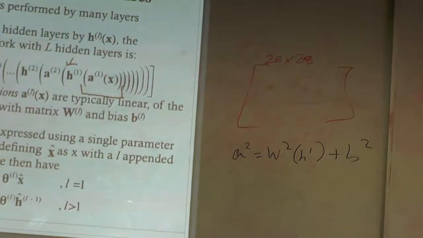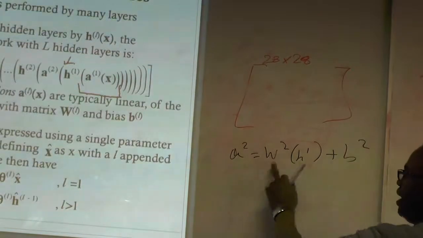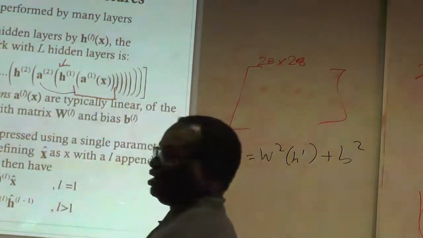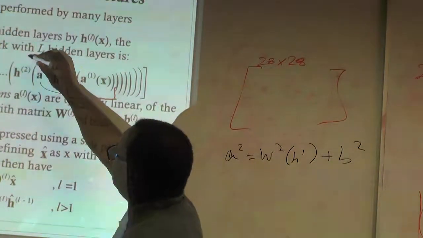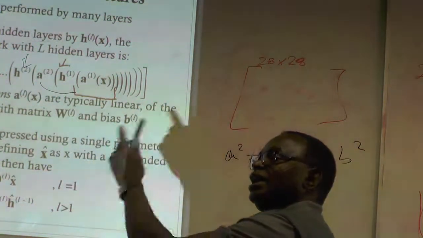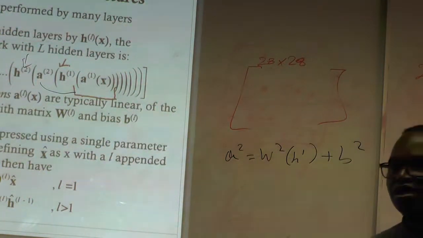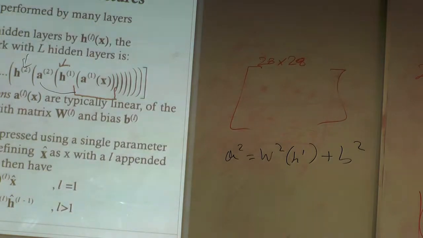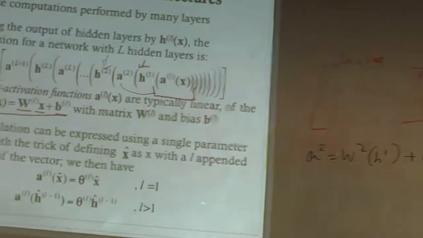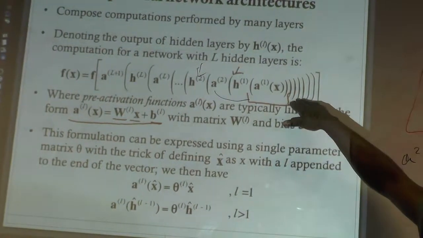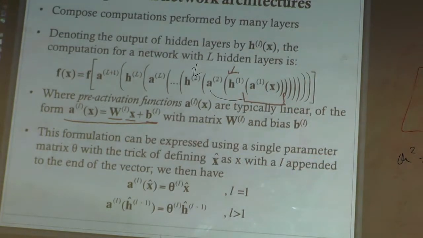So now the next one will be calculated, and the result for the next one is stored in H2. And then you have another one. That is what we call deep learning. That's all. It's a sequence of neural net computation, and the word deep comes from the fact that you have so many layers. Nothing more than that.